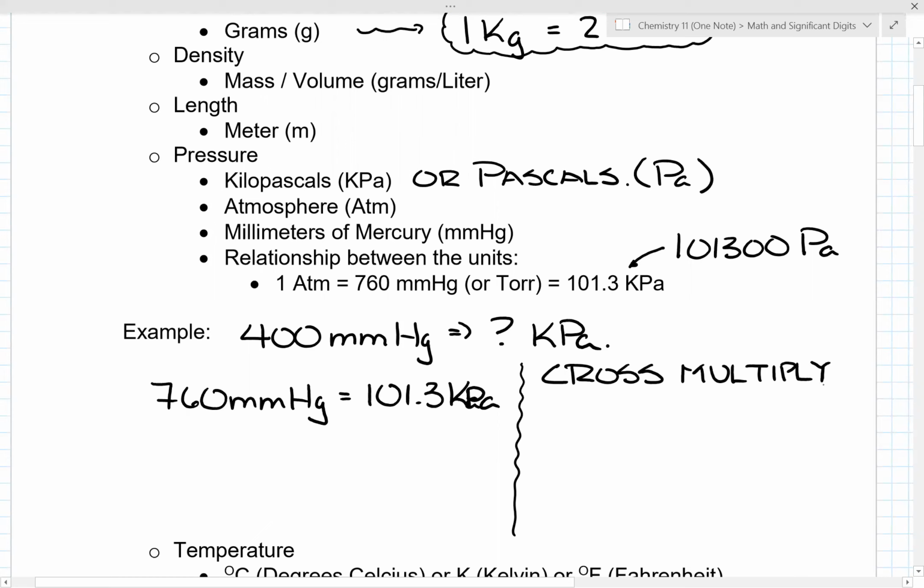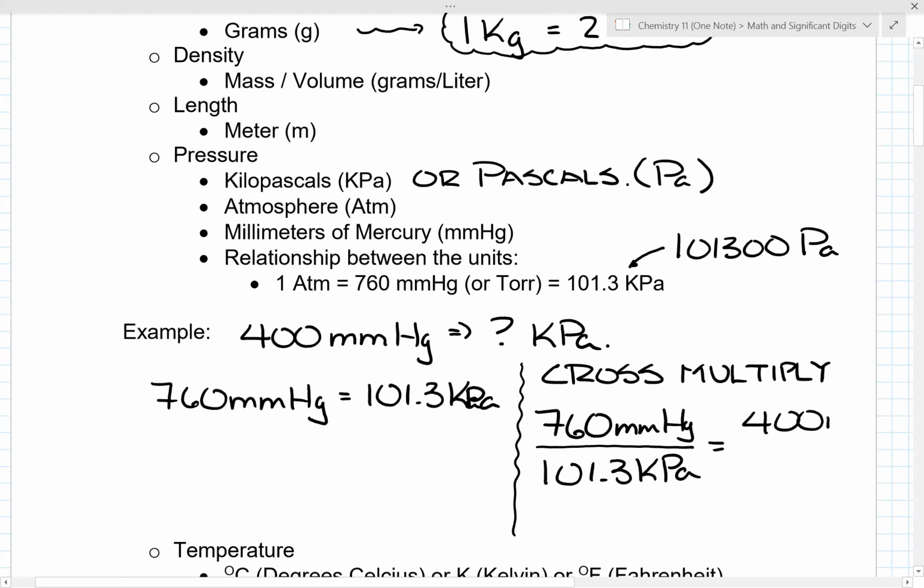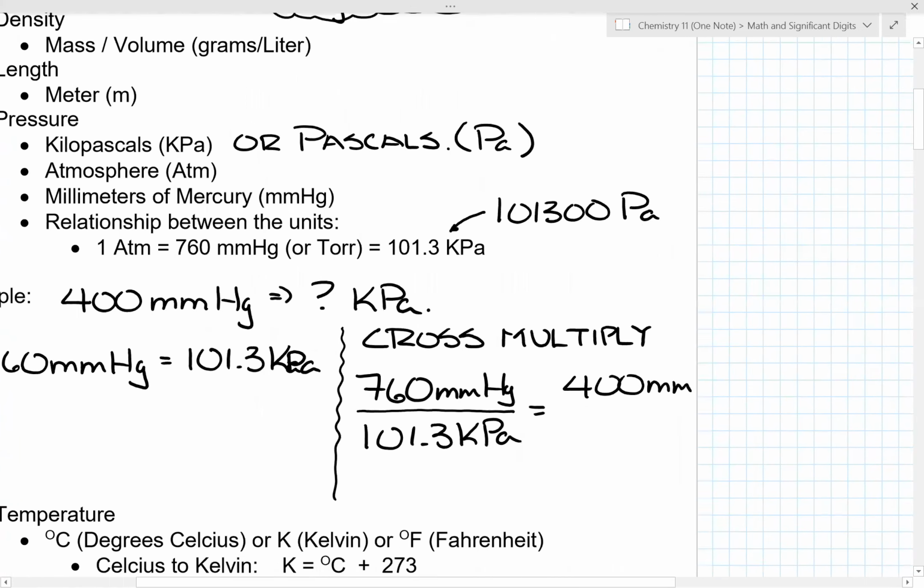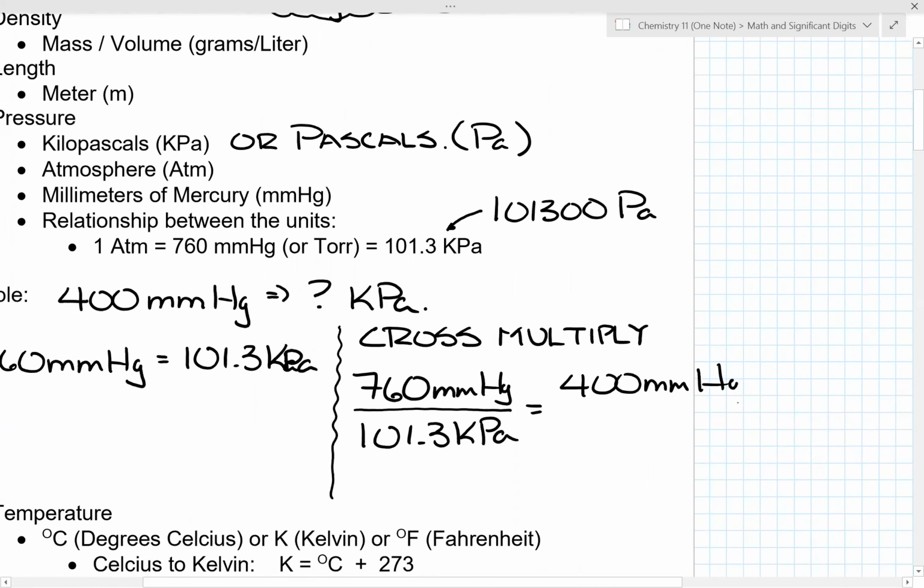How that works is we take 760 millimeters of mercury all over 101.3 kilopascals is equal to 400 millimeters of mercury all over X kilopascals.